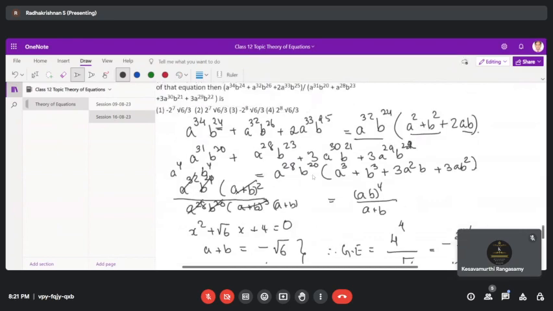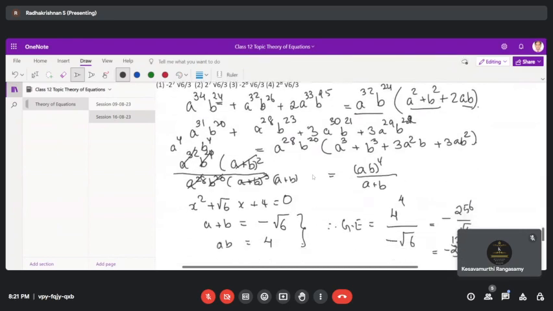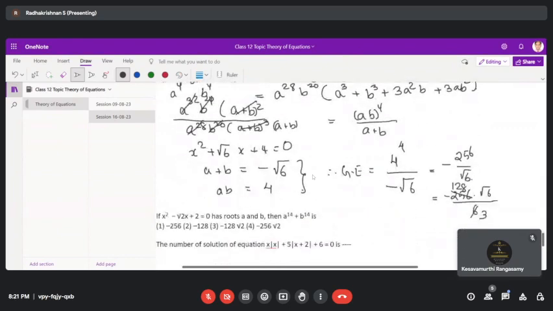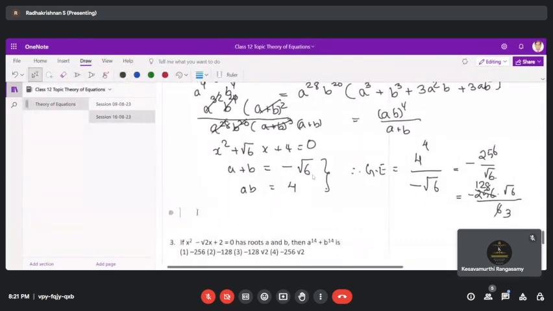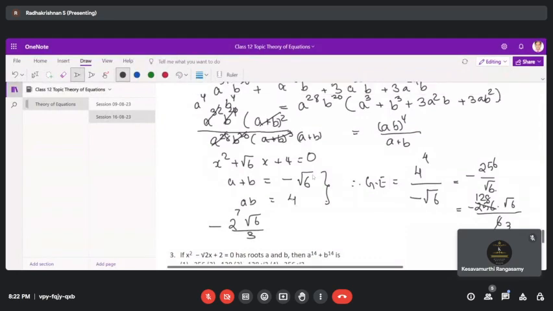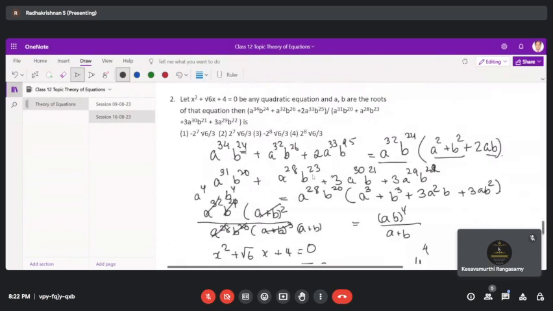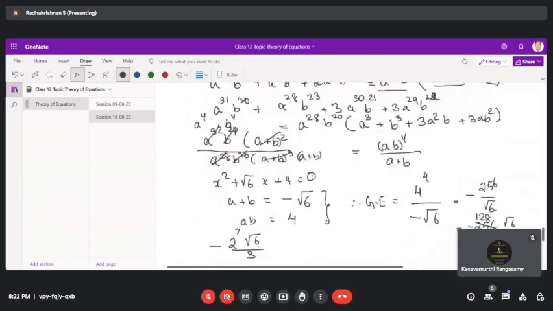Root 6 by 3 you see in all the options. 128 is written as 2 power something. So we know that 128 is 2 power 7. That means this is minus 2 power 7 root 6 by 3. That is the option you have to choose.